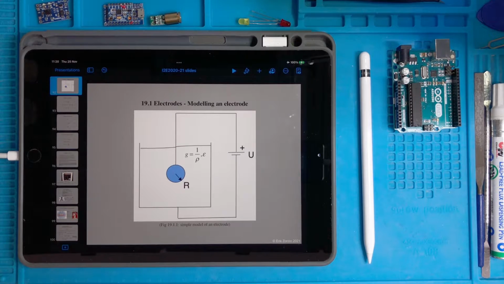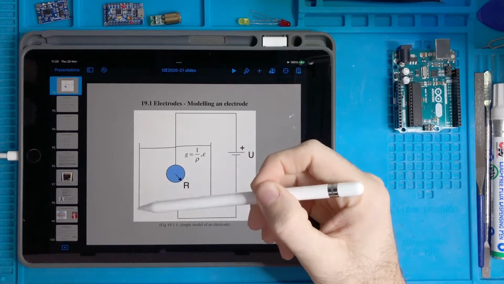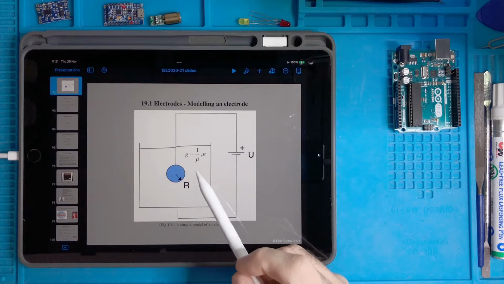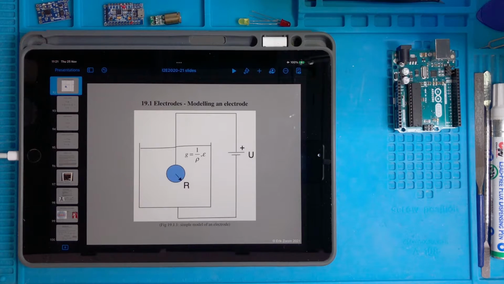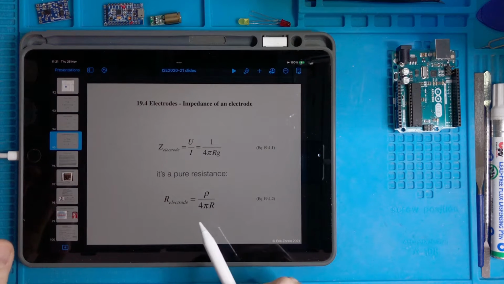The skin contains some fluids, and this thing is conductive, so it's completely surrounding the brain. There are no apertures for the brain. So this kind of vessel, which here is a perfect conductor, in real life would be the skin surrounding the brain, and the fluid which is here would be the fluid which is inside the brain. So this is just a simple model, but still it gives us an idea.